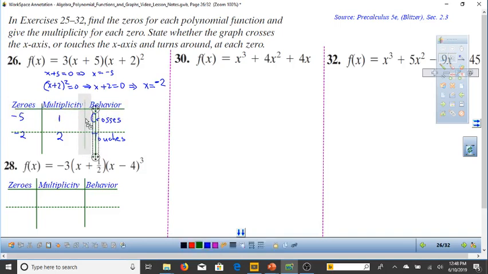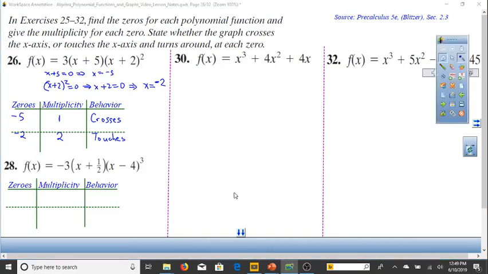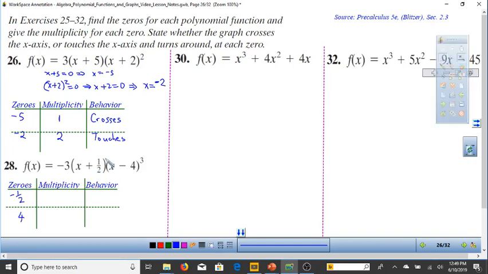So in number 28, we can tell right away that we still only have two zeros here. One of them is negative 1/2, and the other one is positive 4. We get them by setting the factors equal to 0. The exponent of x plus 1/2 is 1, so that multiplicity is 1, and the multiplicity for 4 is 3, which means the graph crosses the x-axis at both places.